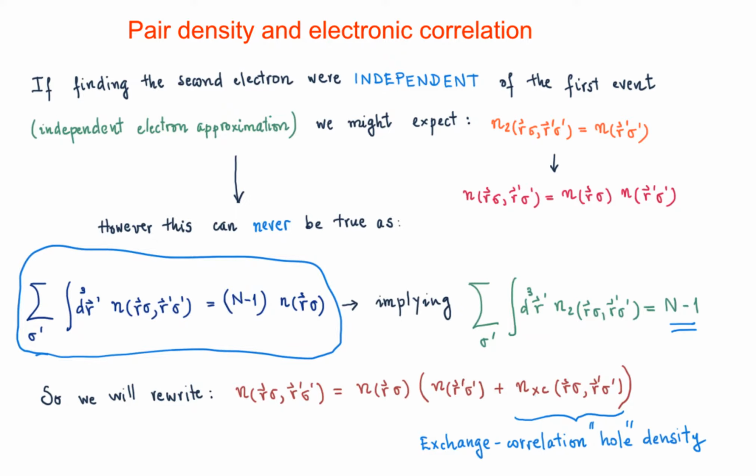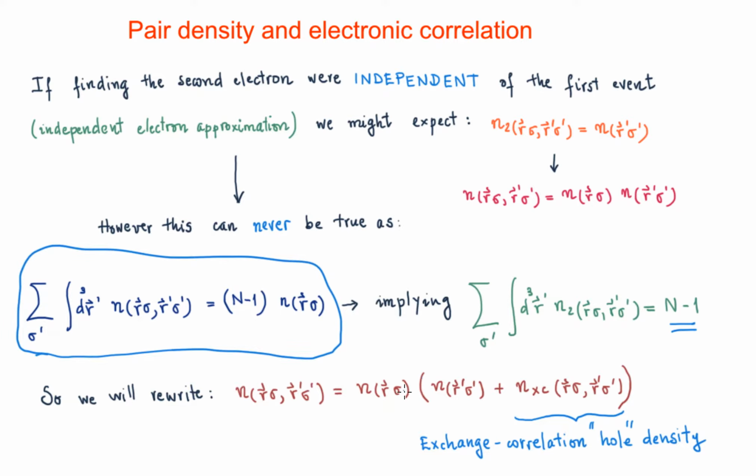And we'll see later why we are calling that hole. There are some rules, like the one that the pair density has to satisfy, that the exchange and correlation hole is going to satisfy, of course. And this exchange and correlation hole, as the name says, is going to give information on this exchange and correlation, because in the independent electron approximation, we might expect that the pair density is going to be very close to the product of these two functions.